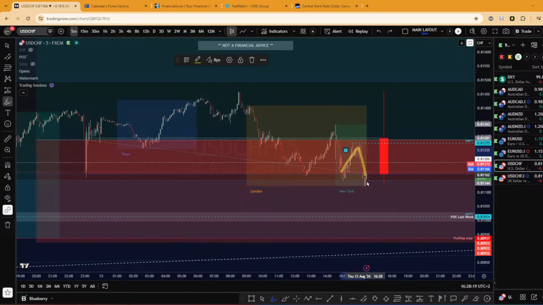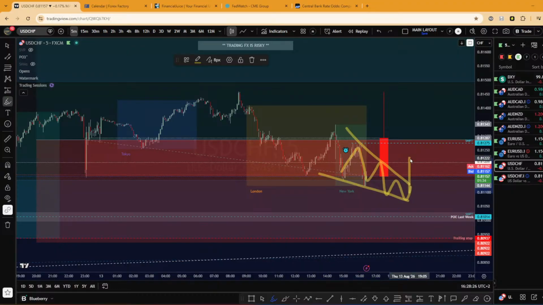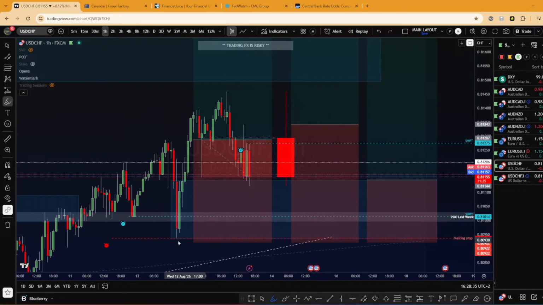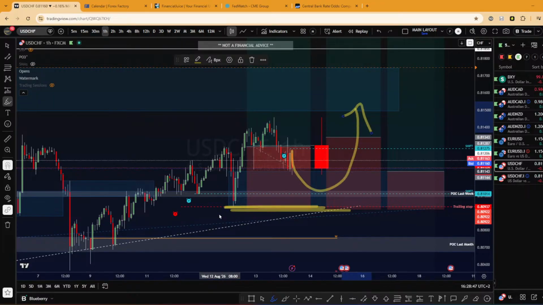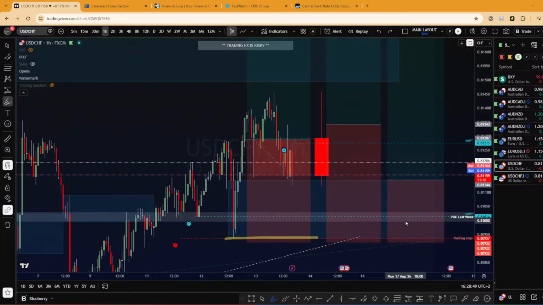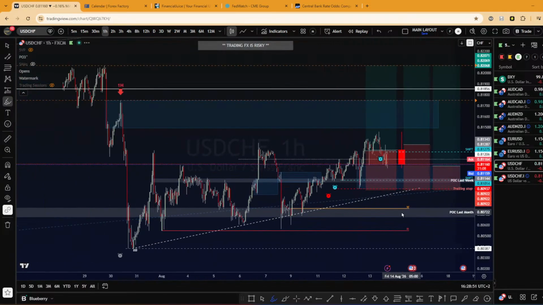If not, maybe a continuation like this, some sort of descending triangle, and then a breakout to the upside. That's what I really want to see. But if we break below this one, it's over for my trade idea. So this will be my last line of defense. I need price to rebound at some point.